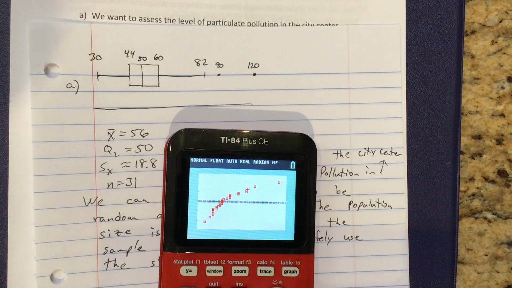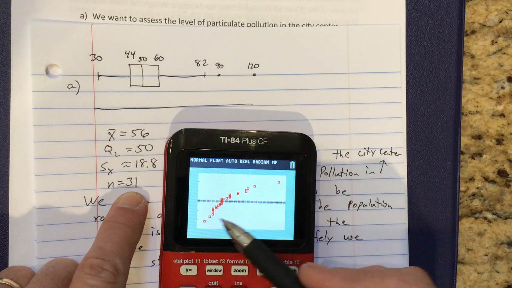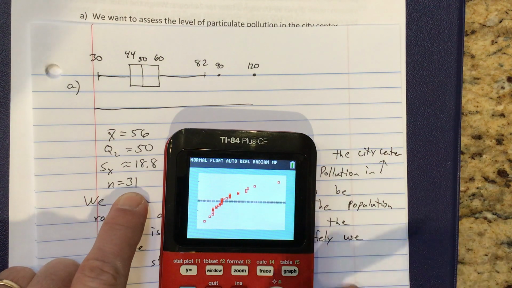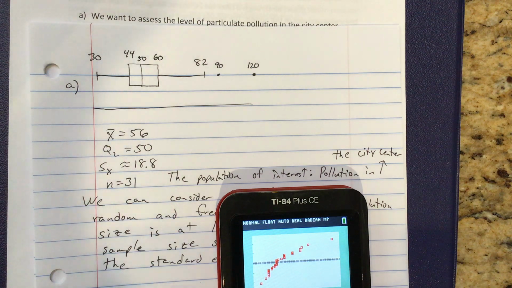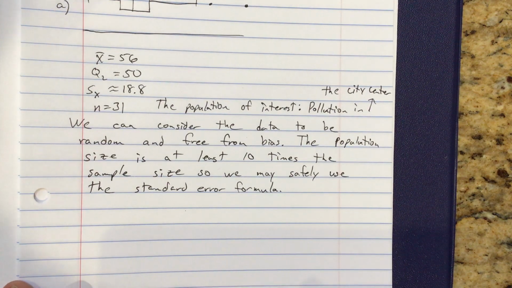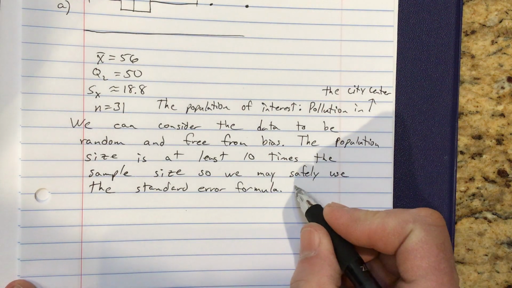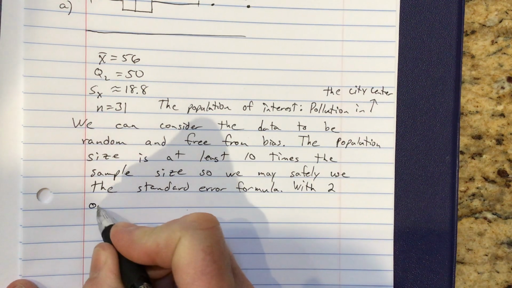Hopefully at this point you're starting to feel comfortable that with a sample size of 31, that's fairly linear. And yeah, we have some outliers, but we don't really have heavy skewness, so we should be safe in calling this normally distributed. But we should still mention the 2 outliers.